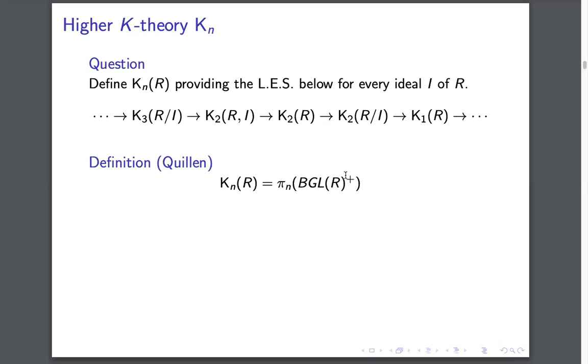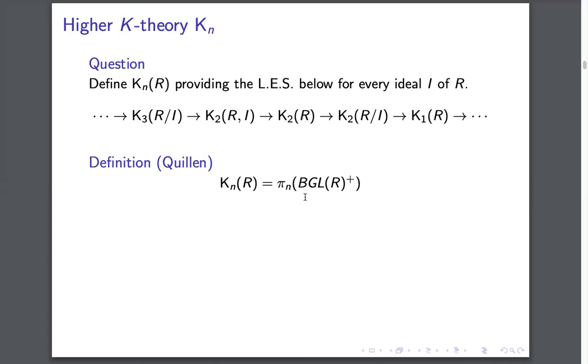This is a construction that basically kills a maximal perfect subgroup of pi_1 while keeping homology the same. It's an interesting construction, and this space turns out to contain the correct information for your K-theory. So this is still accepted as the correct definition.